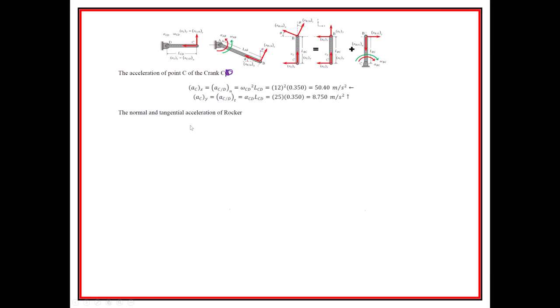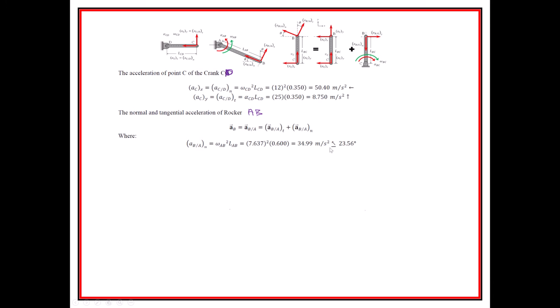And now we come over and go for the rocker, rocker AB. And that's the acceleration of B, and it's going to equal the acceleration of B with respect to A, and that's going to have 2 parts to it, the tangential and the normal part. So for the normal part, we're just going to get the magnitude, and then we could break it up.